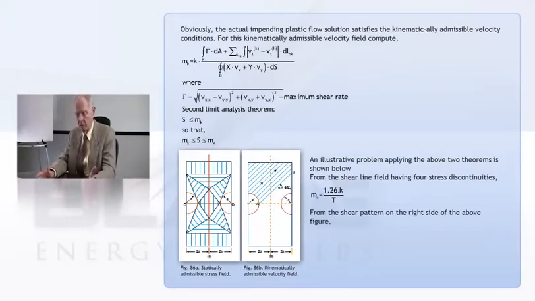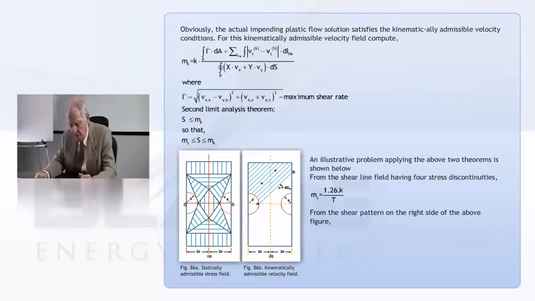And this capital gamma dot is really just the maximum shear rate that you have. So you look at that, and it's not nonsense. I mean, you may not be able to just look at it and guess it's a bounding value, but there's a certain physical sense to that.